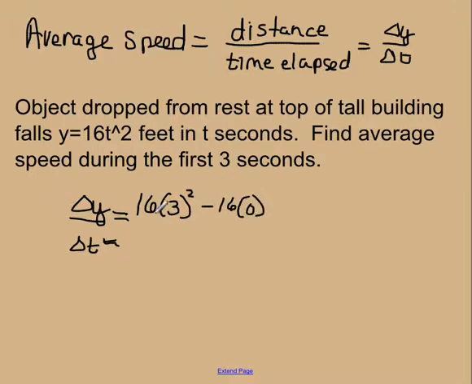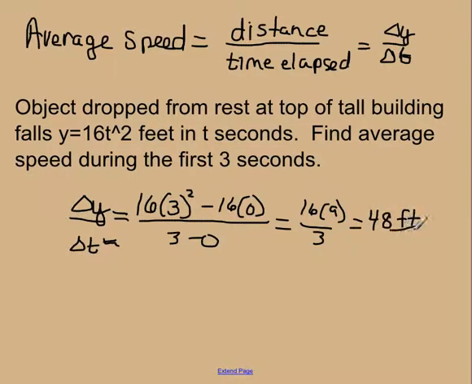And then that's going to be over the change in t. Change in time is the difference in time, so that's going to be 3 minus 0. That ends up giving me 16 times 9 over 3 in the denominator. So that ends up being 48 feet per second. Your average speed in this case is 48 feet per second.